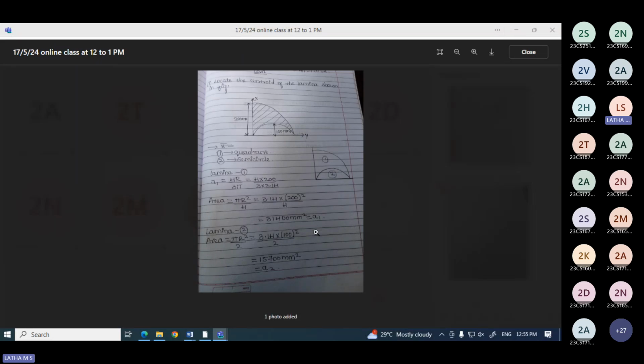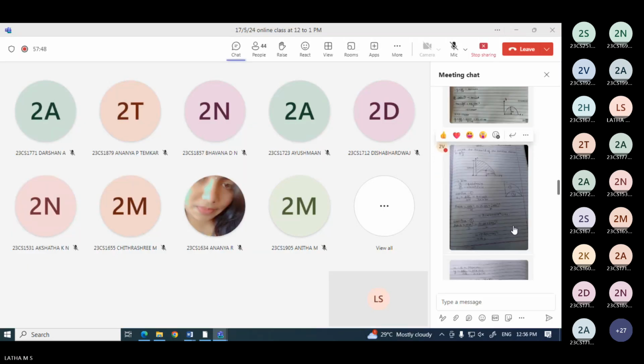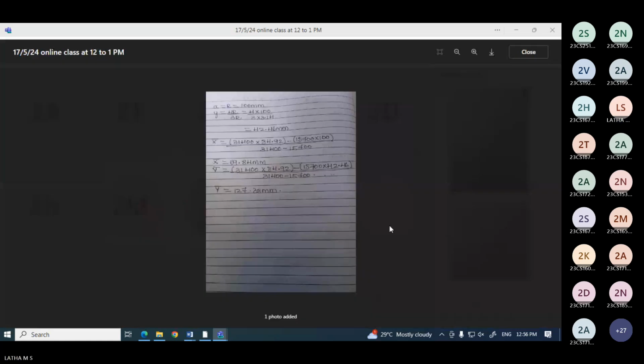Okay, area you have calculated. What is the rest? The next step. Where is x1 and x2?